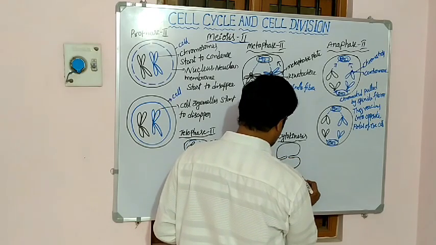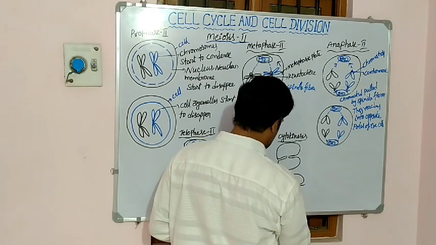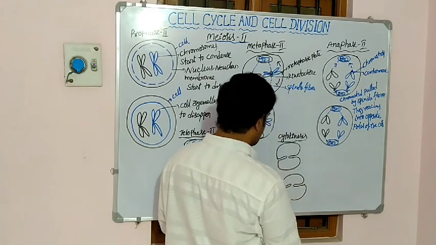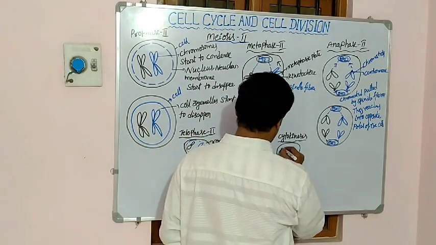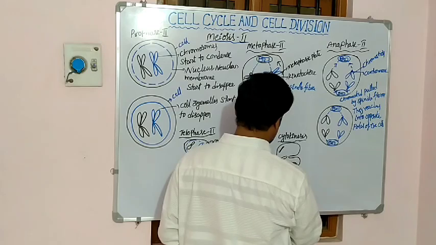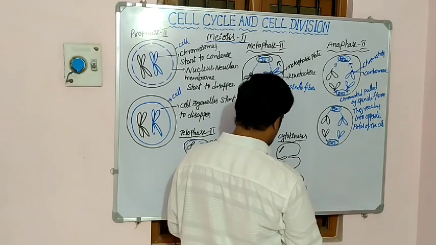Here also one more cell, the membrane depends towards the cytoplasm. Already you know, inside the cell there are chromosomes like this.